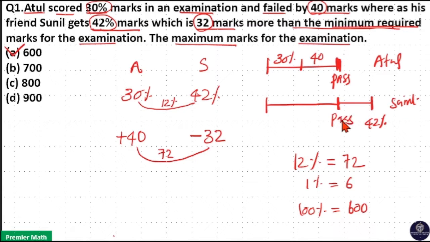This is the pass mark limit, but he gets more marks. That is, he gets 32 more marks than the pass mark. So, in the first case, pass mark is equal to 30% plus 40. And in the second case, pass mark is equal to 42% minus 32, because he gets more marks than the pass mark.